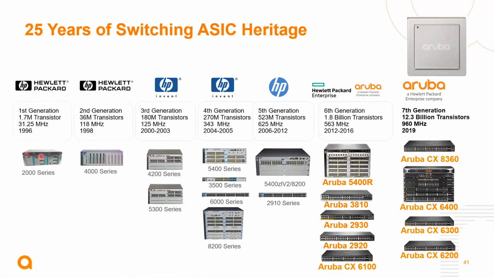The first generation came in 1996, and moving forward, we're using the sixth generation for our AOS switches, which still exists, and as mentioned, the seventh generation for our CX switches.